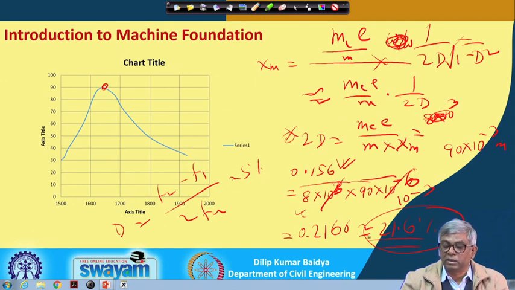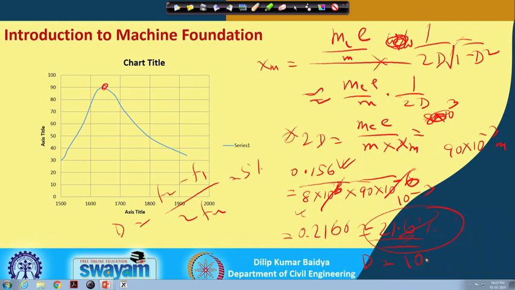This is actually 2D, so your D will become 21.6 divided by 2, that becomes 10.8%.